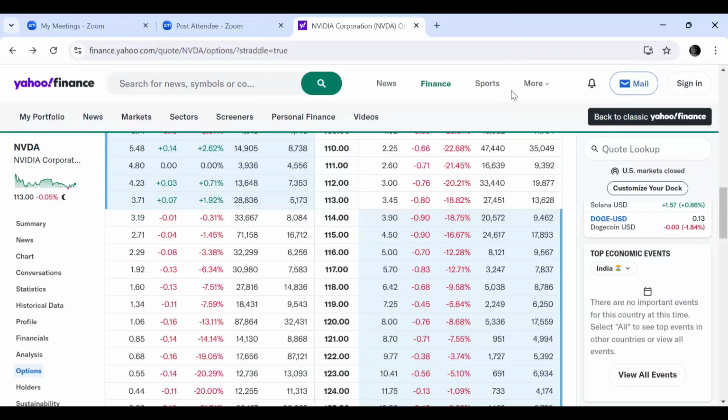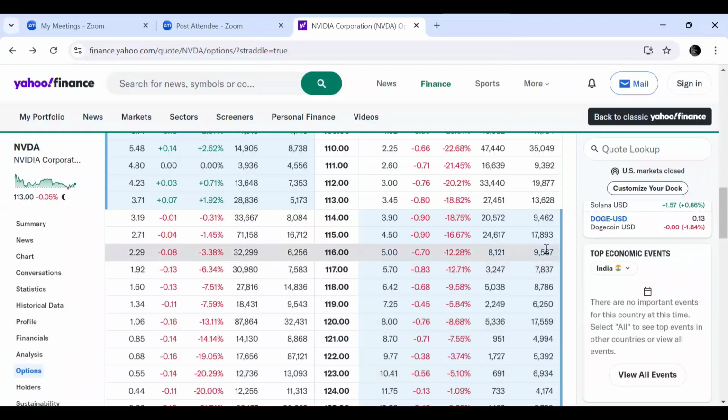OTM in the sense what? OTM in the sense greater than 113. Here the current price is 113, and from 114 to $220, all of them are OTM, out of the money calls. So increasing open interest in call options, particularly out of the money calls, can indicate bullish sentiment.